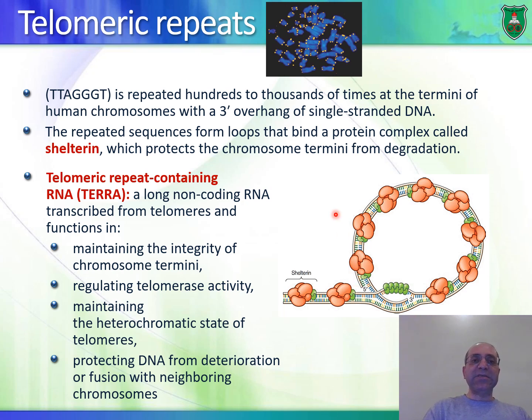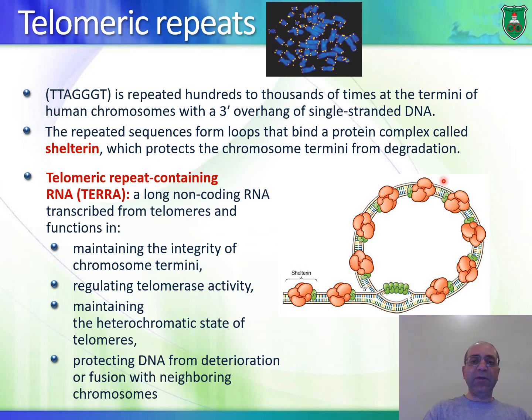You can visualize it as the same thing. At the end of the chromosome, it's tied up, and this is done also with the help of a protein known as shelterin. What it does is it shelters chromosomes. It protects the termini of chromosomes from degradation.